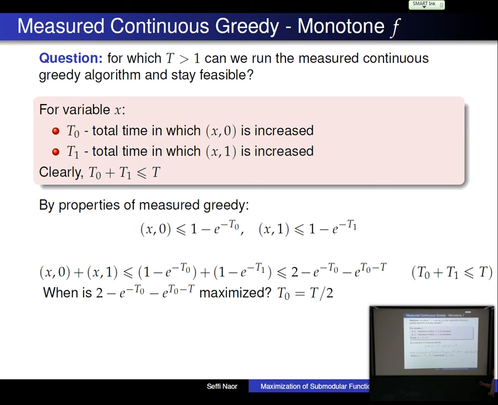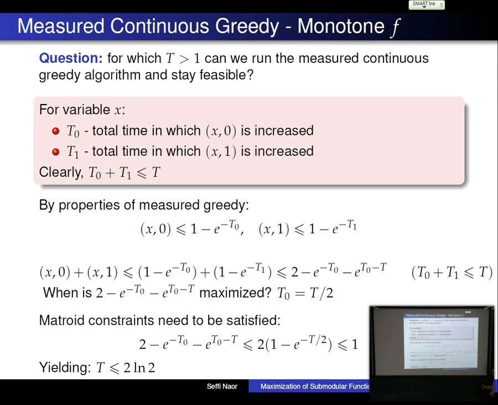Well, we know that they're less than or equal to this value. Now, this value is maximized at t over 2. So this means that the matroid constraints will be satisfied if the sum of x,0 and x,1, upper bounded by this value from here, is less than 1. What this means is that our time t can go up to, instead of 1, ln 2.